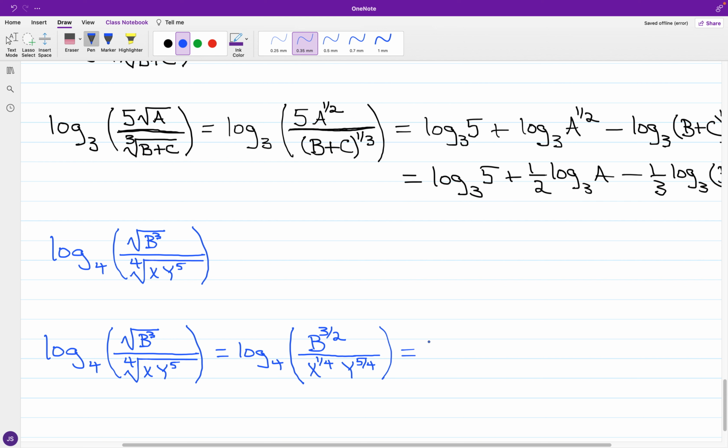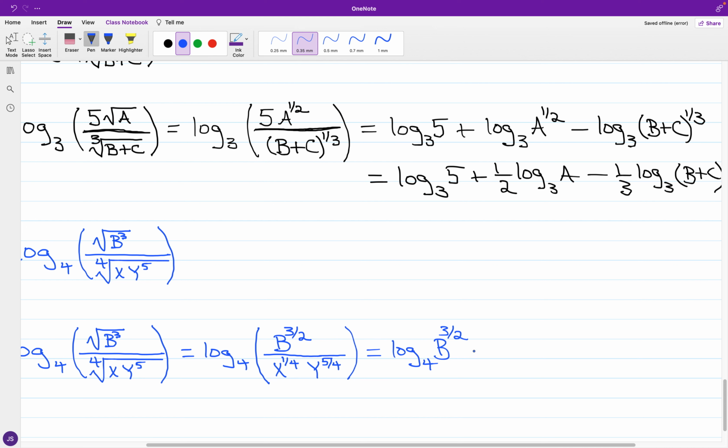And looking at now expanding, b to the 3 halves is the exclusive term in the numerator, and so this will be the only positive base 4 logarithmic expression. So you had the base 4 logarithm of b to the 3 halves, and with both x and y situated in the denominator, here we have a couple of minus base 4 logarithmic expressions.